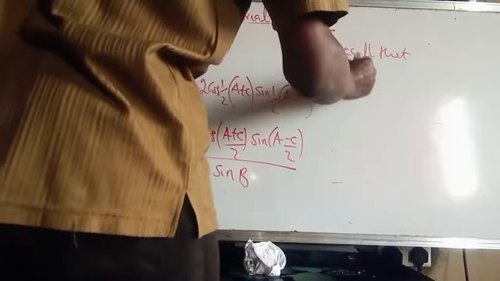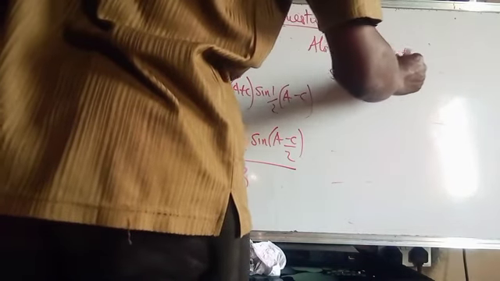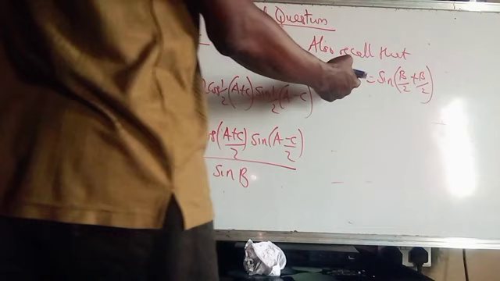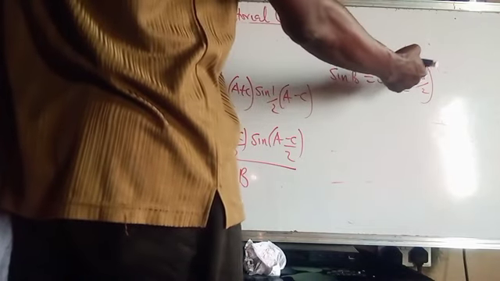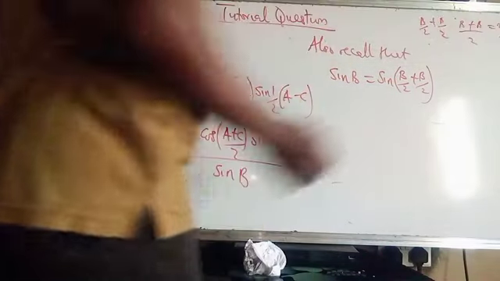Sine B is sine of (B over 2 plus B over 2). Half of B plus half of B: B over 2 plus B over 2 gives 2B over 2, which is B.